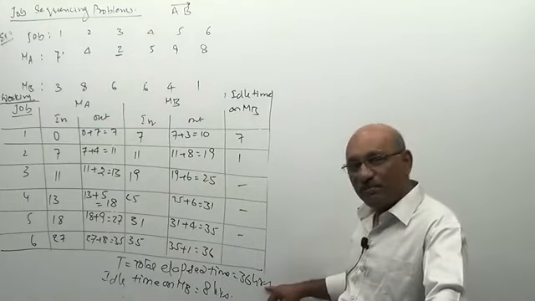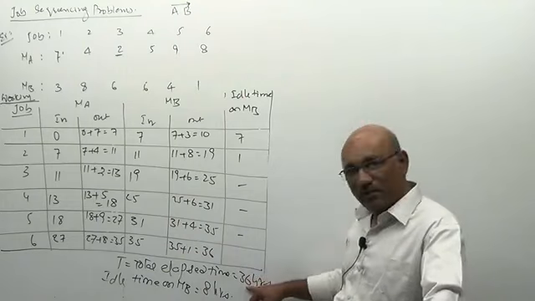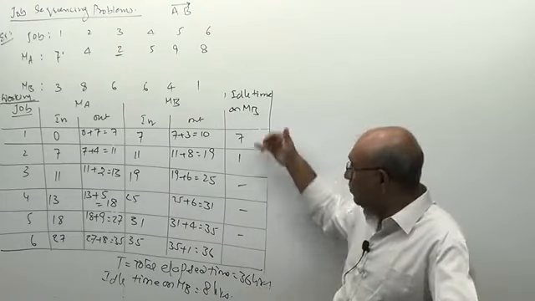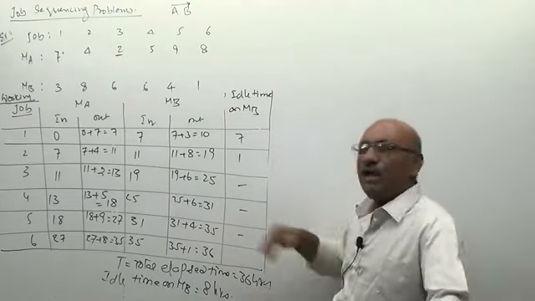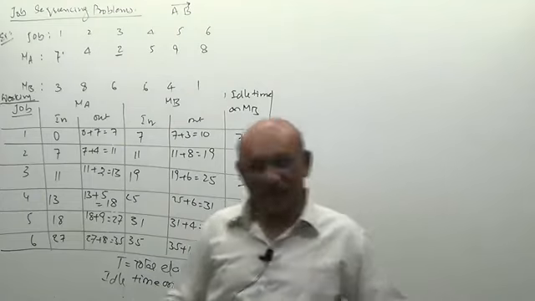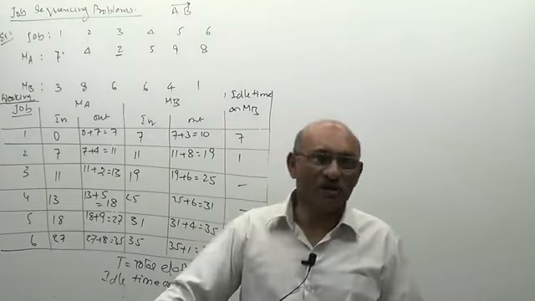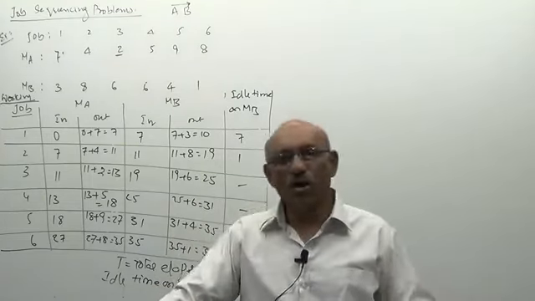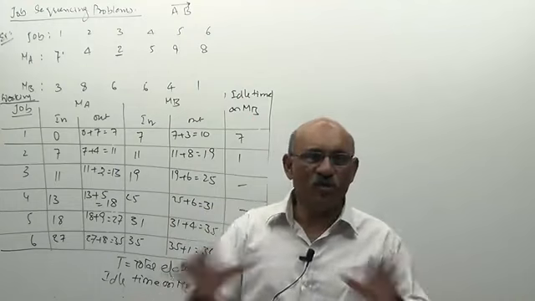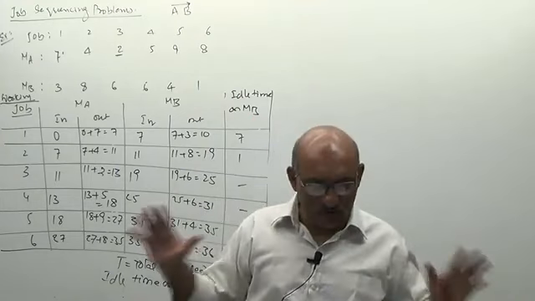When I minimize the total elapsed time, I can also reduce the idle time on machine B. When I reduce the idle time on machine B, I have some savings, sir. For those reduced hours, no need to pay the wages. So this is the concept of job sequencing problems.